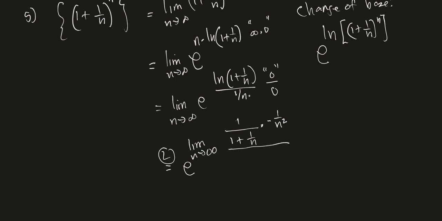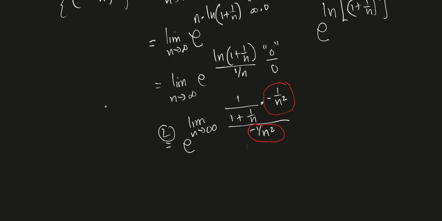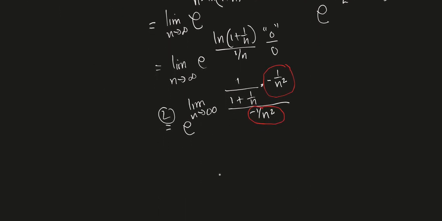And then in the denominator, I have the same thing. When I differentiate 1 over n, I get negative 1 over n squared. So those factors cancel each other out. And now finally, I think I'm seeing the light at the end of this very dark tunnel.